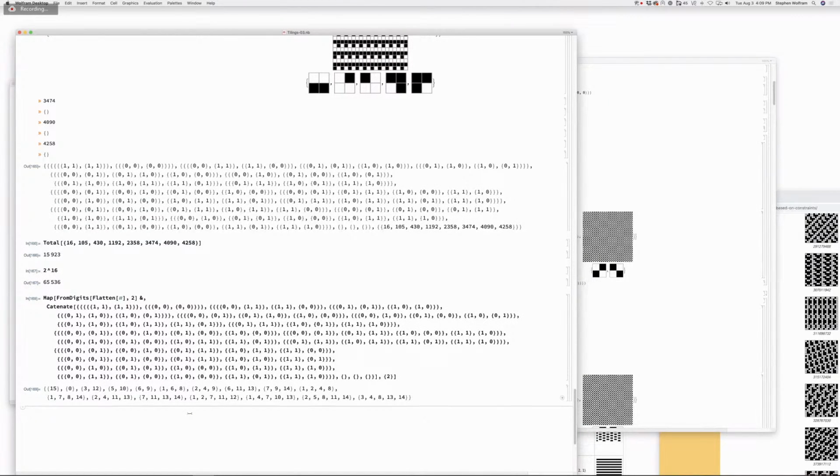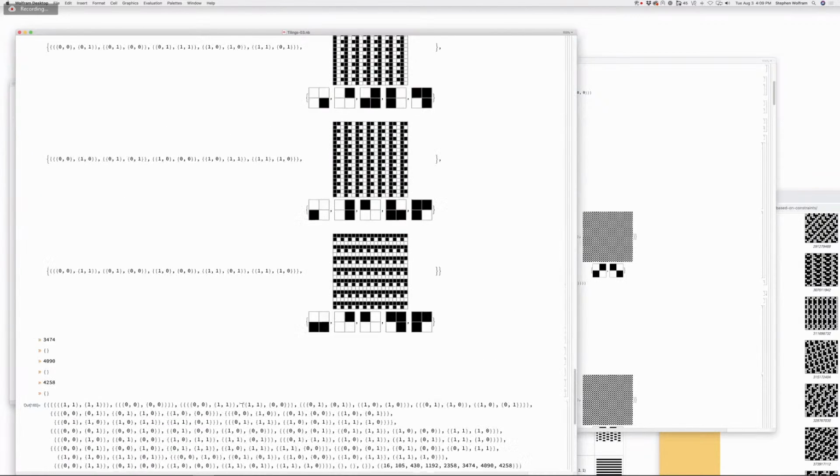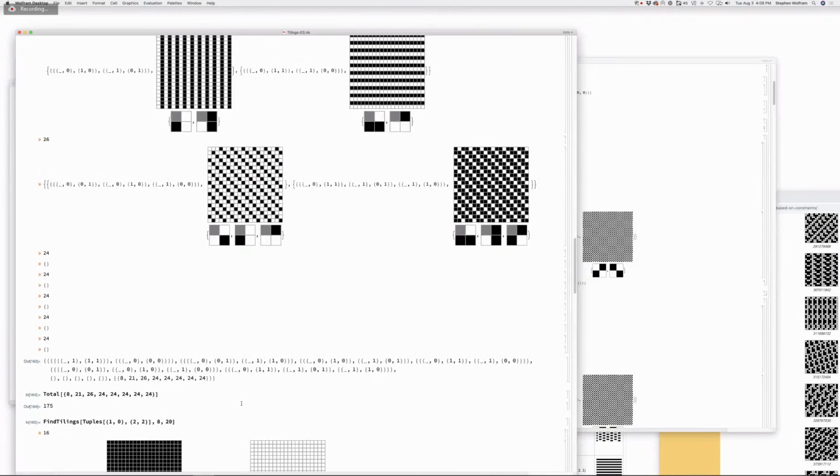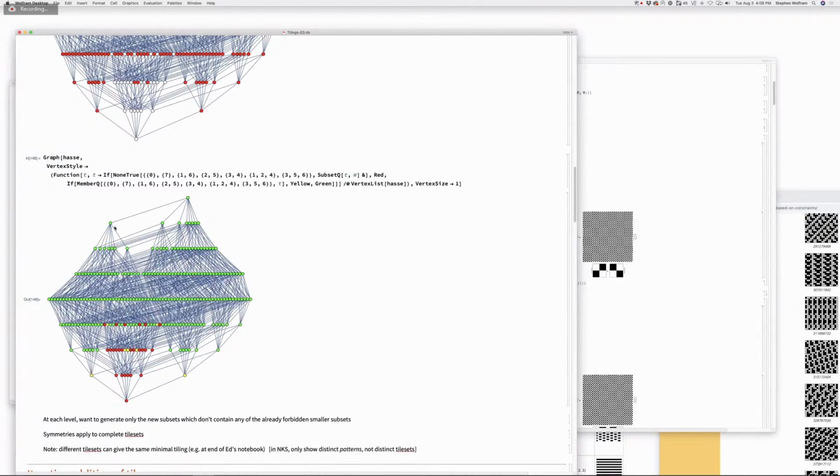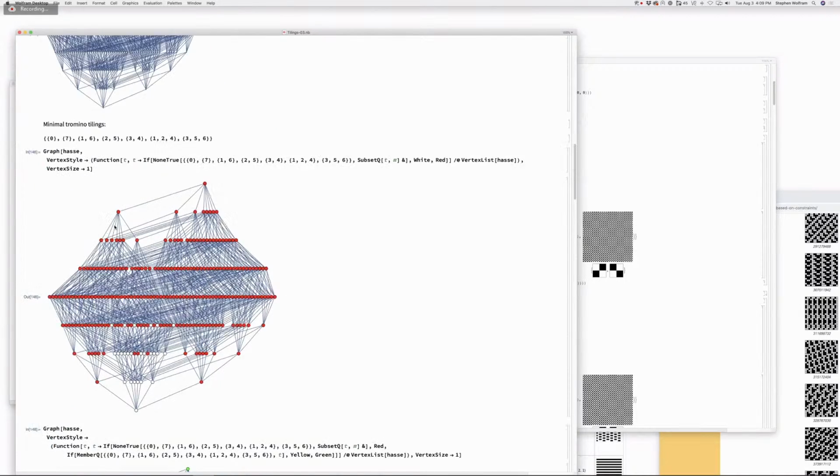So those are our tile sets, the subsets of the... right. Okay, so now let's take our Hasse diagram for this guy. Oops, where is our Hasse diagram?